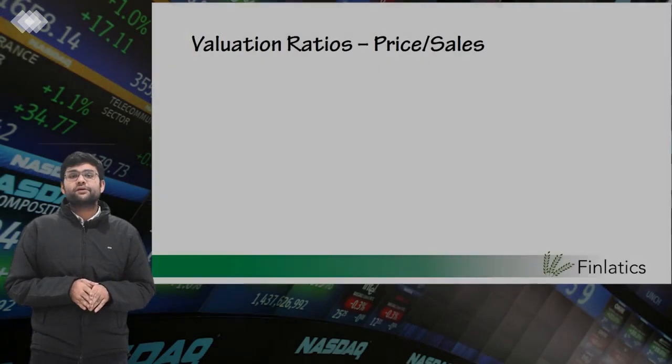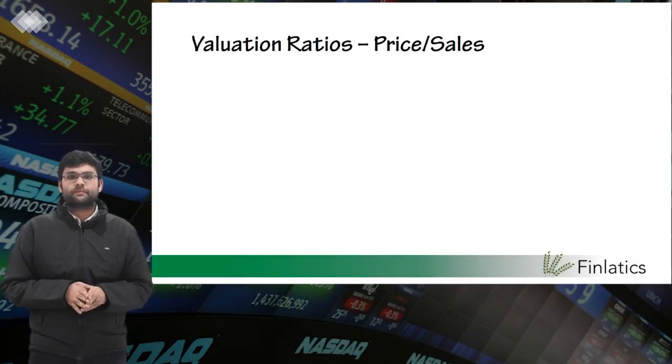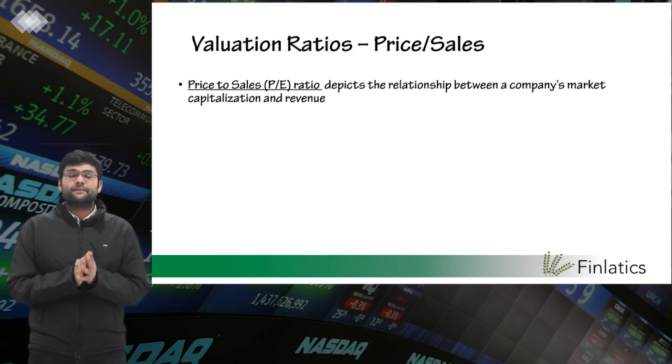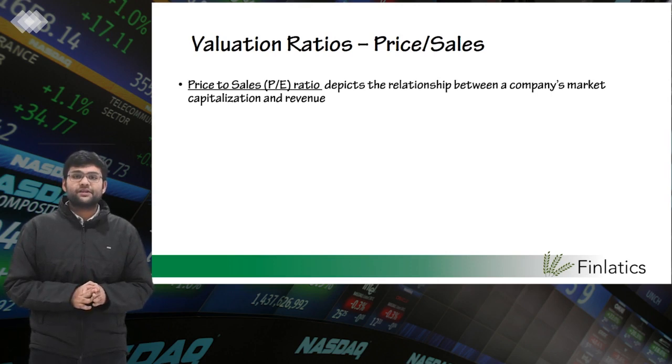The next valuation ratio that we are looking to study is price to sales ratio or P2S ratio. Price to sales or P2S ratio determines the relationship between the market capitalization and total revenue of a company.